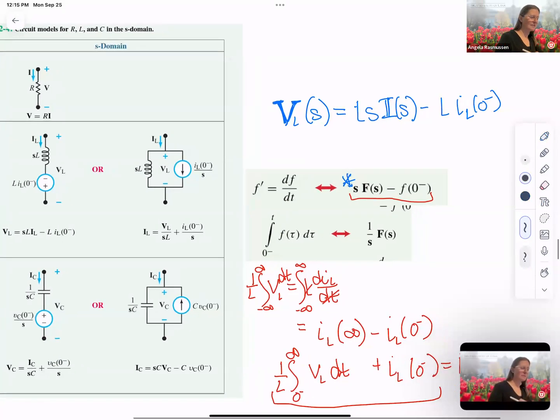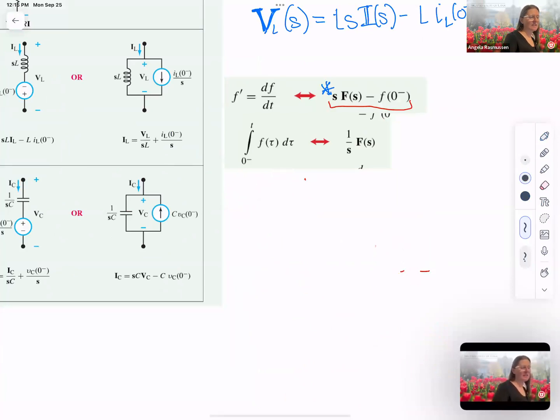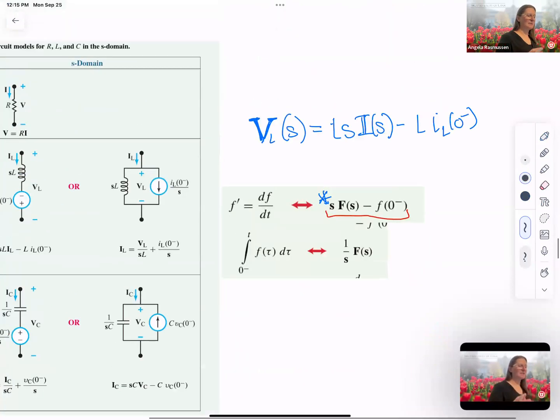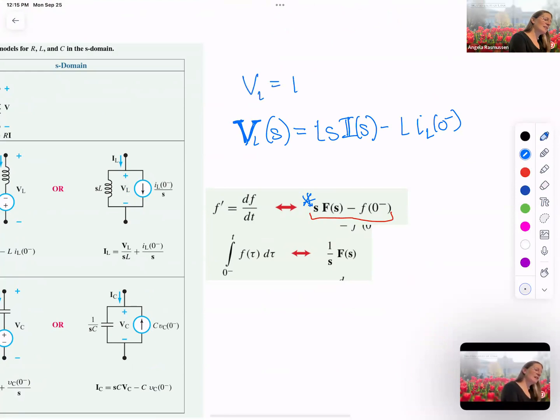I'm going to erase this one. That one didn't make as much sense. So all this did was take what started out as VL is L di/dt. So I just took L times the I of S minus I of 0 minus.